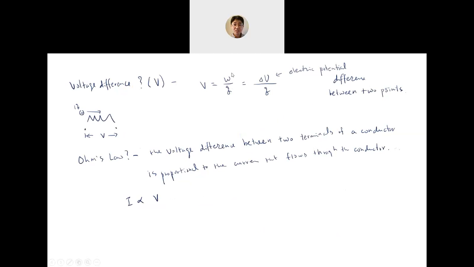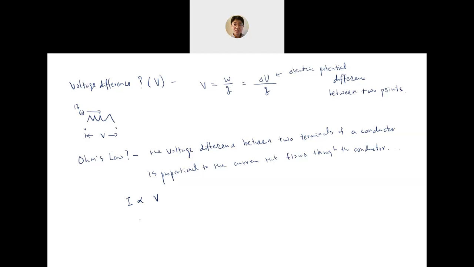Now come back to our lab manual. What do we need to do? The objective is to determine the mathematical relationship between current, potential difference and resistance in a simple circuit. Resistance is just the proportional coefficient.